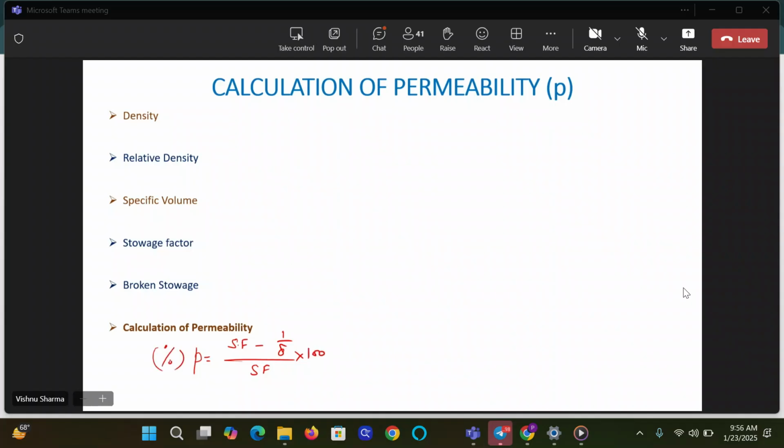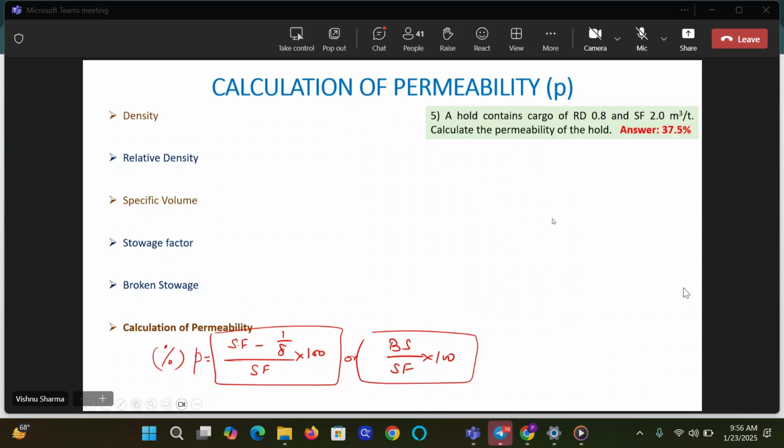Permeability is in percentage, or broken stowage by stowage factor into 100, depending on how the information is provided to you. And all this we have discussed. Can you please calculate the permeability for this? The answer is already given there. Can you please calculate the permeability and just practice once?